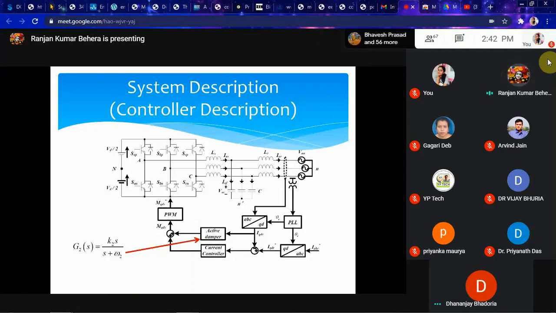When these frequencies come together, the relationship between them is a big research area. What is the relationship between the sampling frequency, the switching frequency, and the resonant frequency? How to do that? This is the biggest challenge.